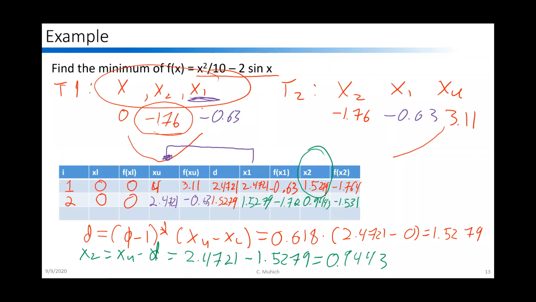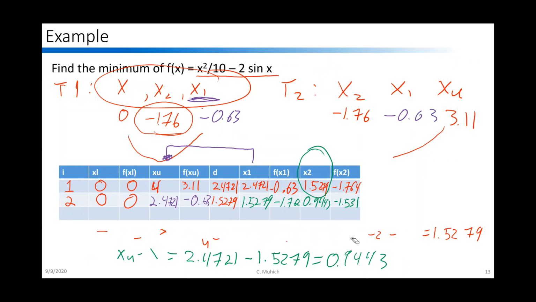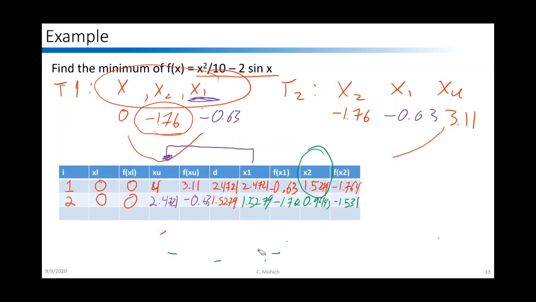Again, we can look at our triplet sets. I'm going to erase this. Now, instead of writing out the triplets, let's just look at those x1 and x2 values. F of x1 is negative 1.762. F of x2 equals negative 1.531.